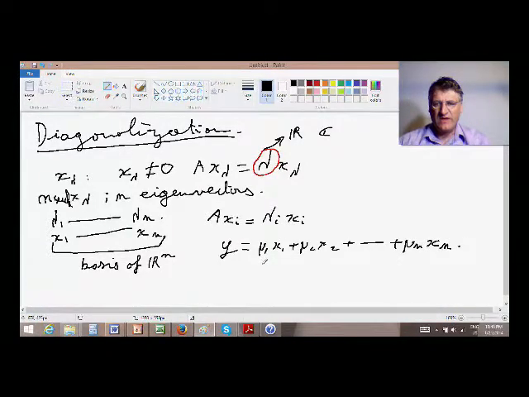And that's by definition of x1 through xn being a basis of Rn.